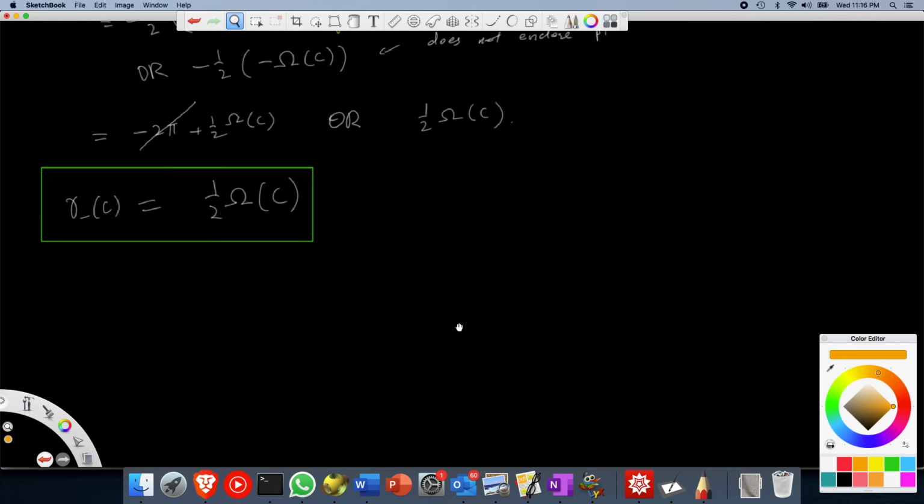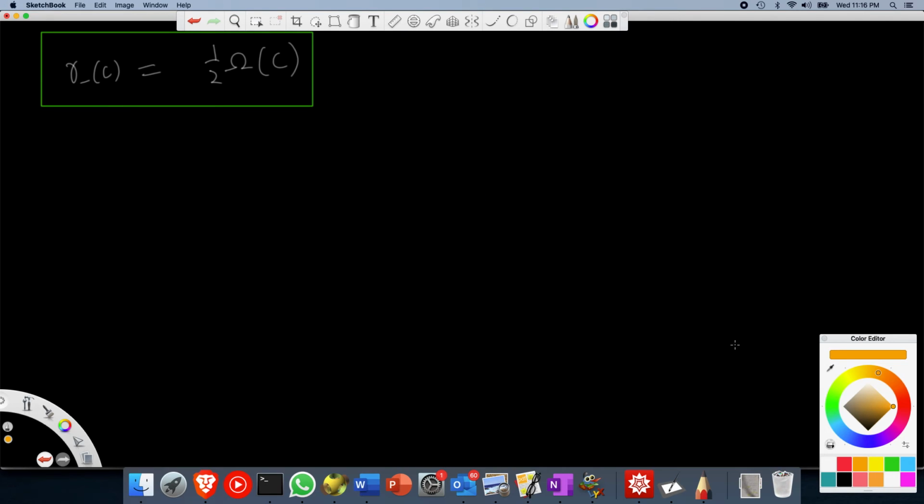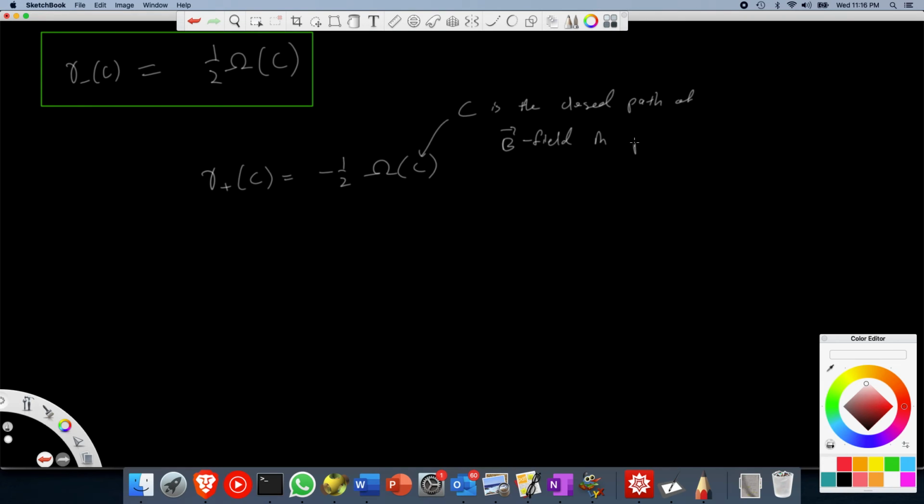So in conclusion, the plus eigenstate's Berry phase equals minus half times the solid angle of the path C, where C is the closed path of the B field in parameter space, in this case the three-dimensional parameter space of all magnetic fields.